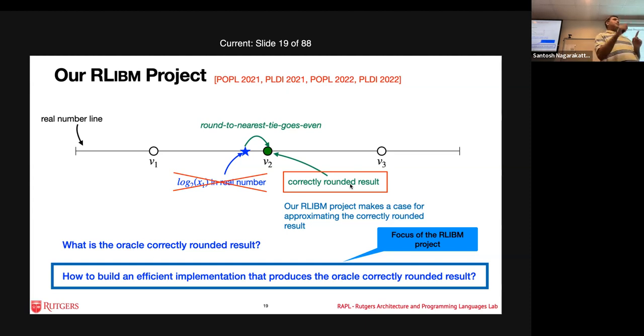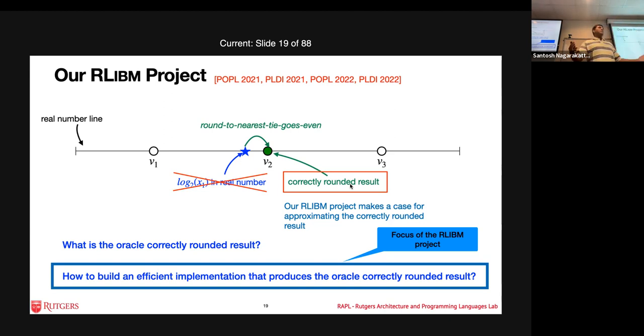And then they apply Ziv's test. If I just add an epsilon error to it, does it change the rounding decision? If it does, then my result is not stable. So they do it with 64-bit precision. And this is called the onion peeling approach. And there is Ziv's rounding test to determine, given a real value and a precision, whether it is the correctly rounded result or not.